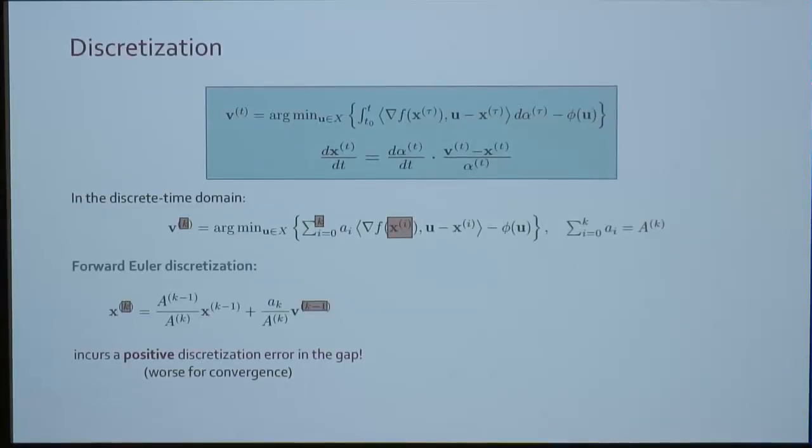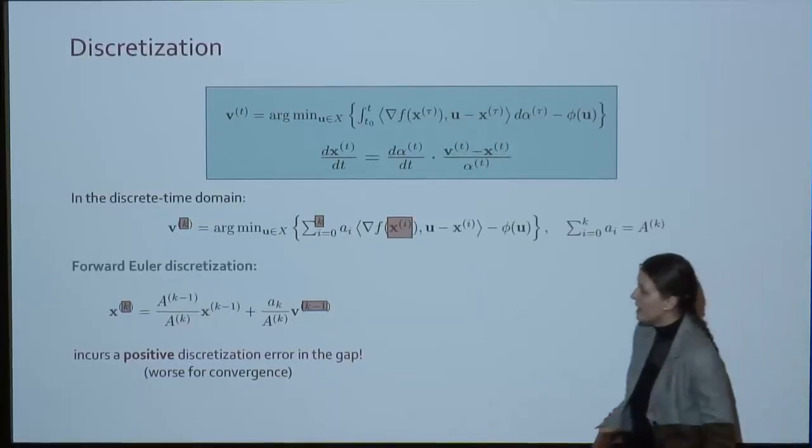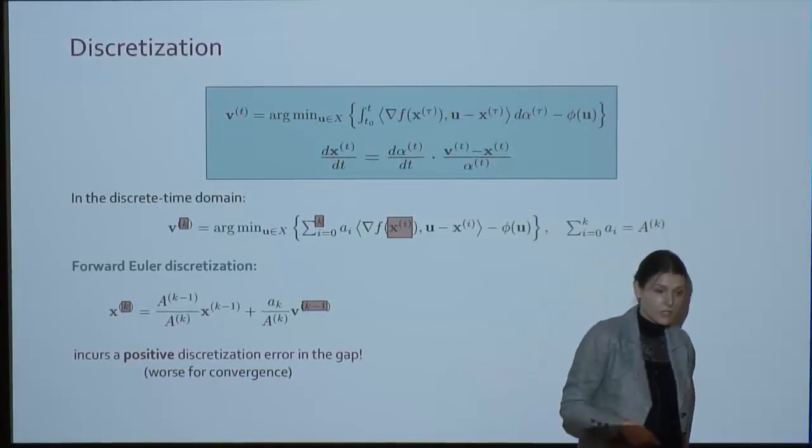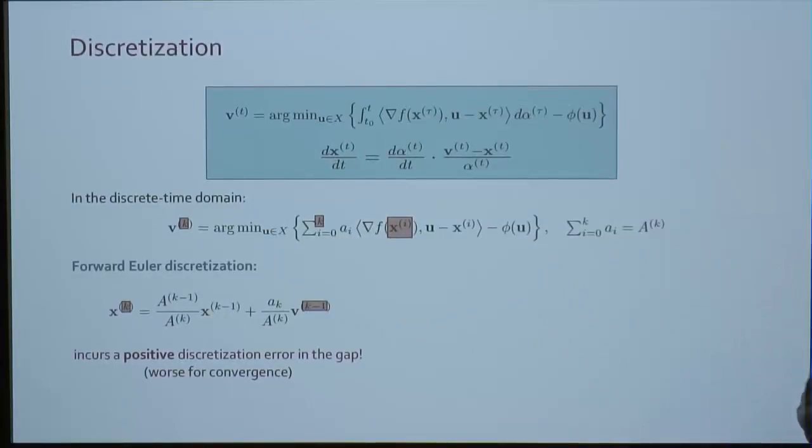So if you do forward Euler discretization, your xk will depend on the information you have up to time k minus 1. So you don't need to predict anything. What will happen to the gap, the invariance we're trying to maintain, is that it will incur a positive discretization error.